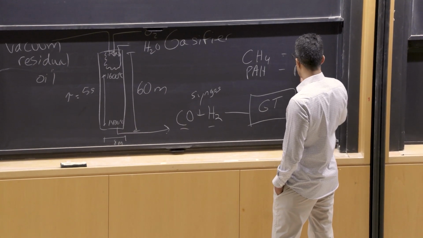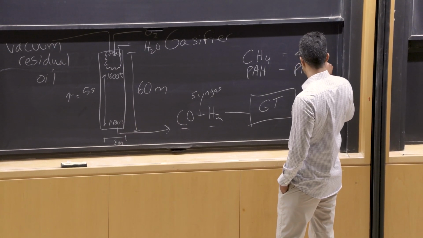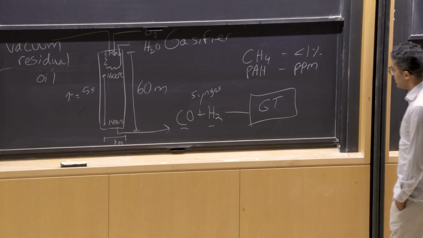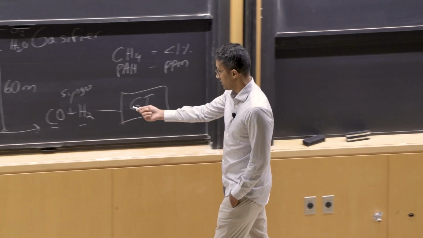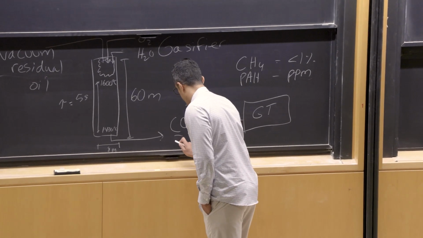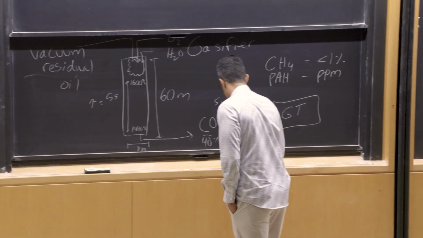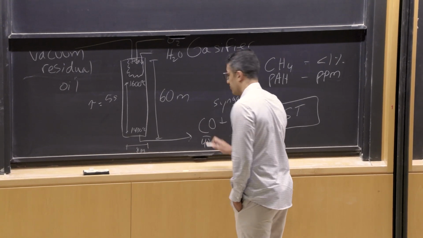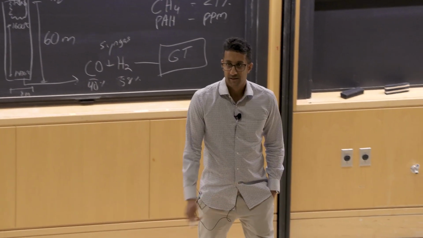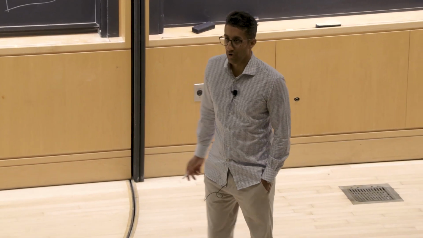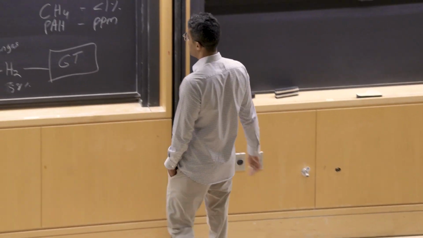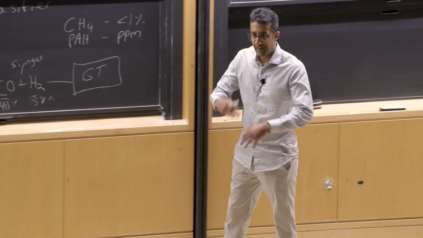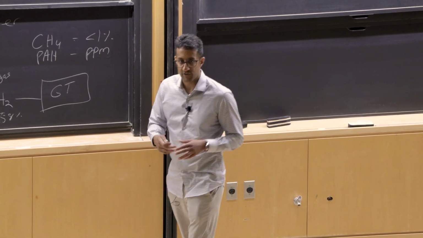PAHs might be there in the ppm range, yeah? And again, CO is there in maybe 40%. This might be 60 or 58% hydrogen. So the major products are equilibrium controlled. But these minor species like methane, PAHs, that are there in very low concentrations are kinetically controlled.